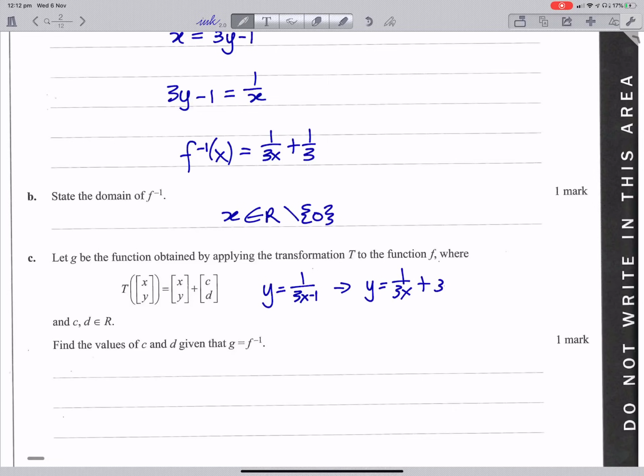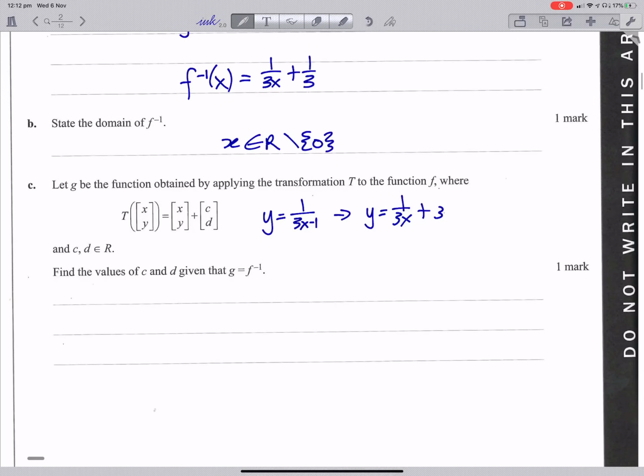Okay, so what do we want to do here? We want g to be equal to f inverse of x, where g is the function obtained by applying the transformation to f. So we want to get rid of that 1.